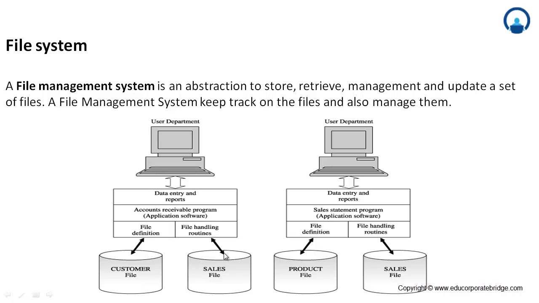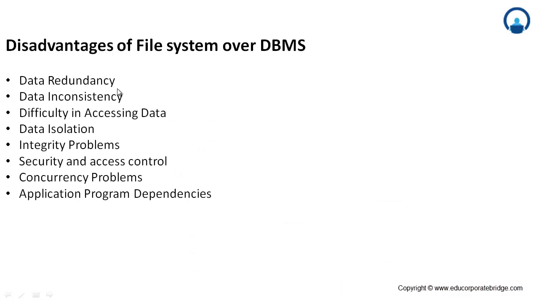Now suppose another user logs into this system, and he does the same operations as user A, and generates some files, and that data is stored in these files. At the end we have some files with duplicate values, meaning the same data is here and also here. So how is data redundancy a disadvantage?